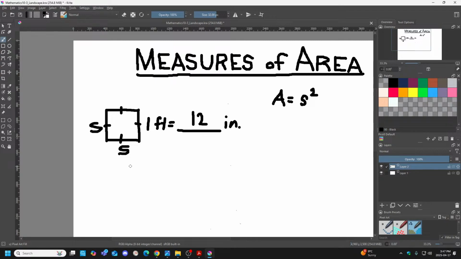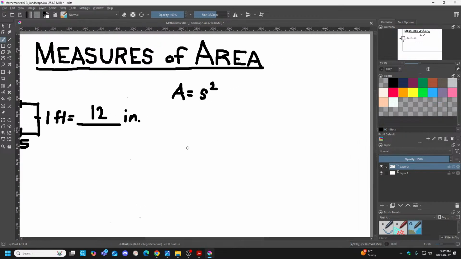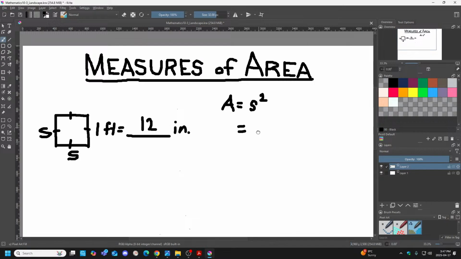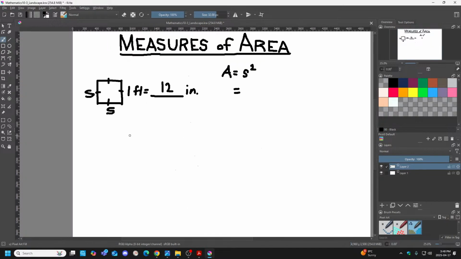Square foot measures 1 foot by 1 foot. In inches, what is the side length of a square foot? Okay, so we have to think a little bit, all right? And that is, so basically we need to, let's see. So they're asking, what is the area of the square in square inches?